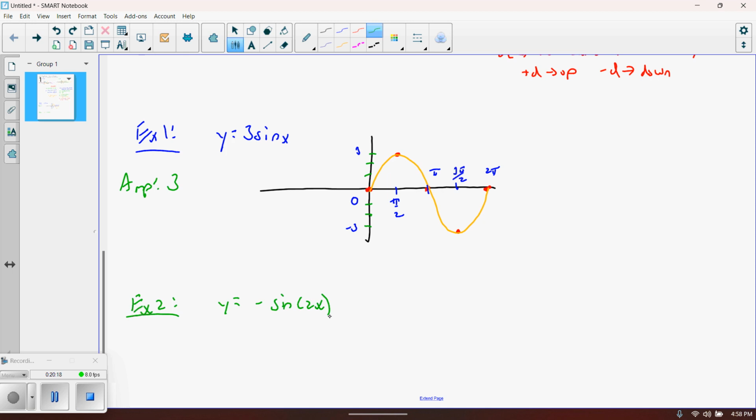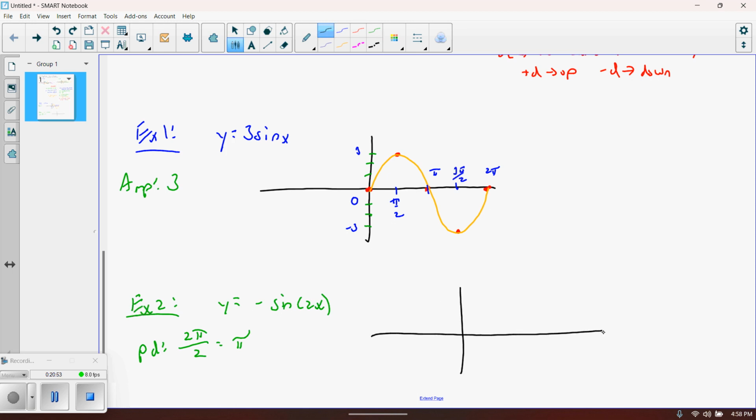So that's going to affect the period, or how long it takes for this graph to get through one full cycle. I know that the period was 2 pi divided by that omega value. So the period is 2 pi divided by 2, because 2 is the omega value there. So the period simplifies to just pi, meaning it's only going to take pi units to get through one full cycle.